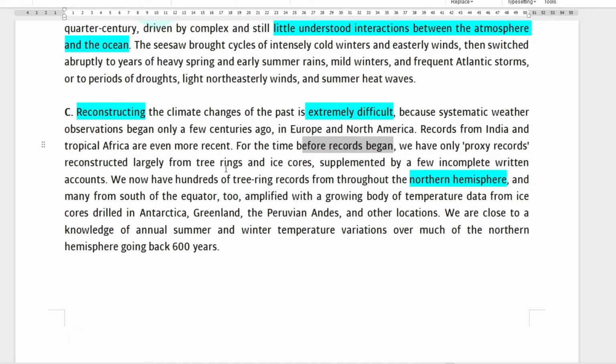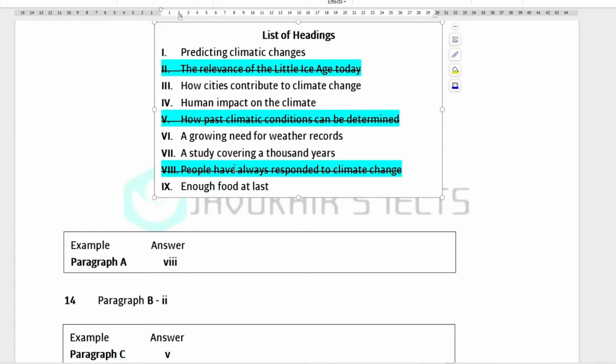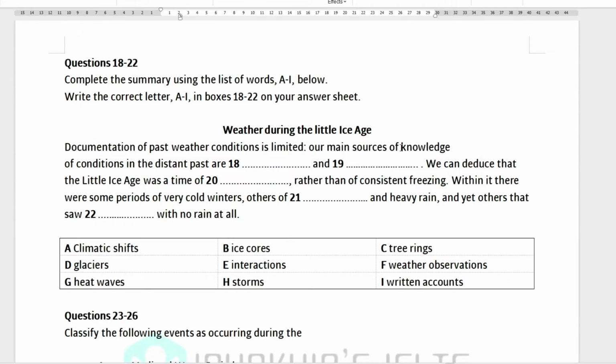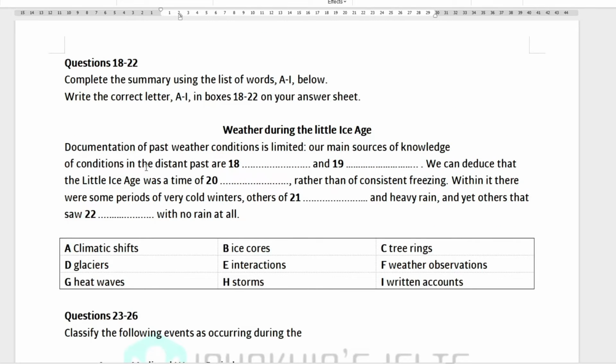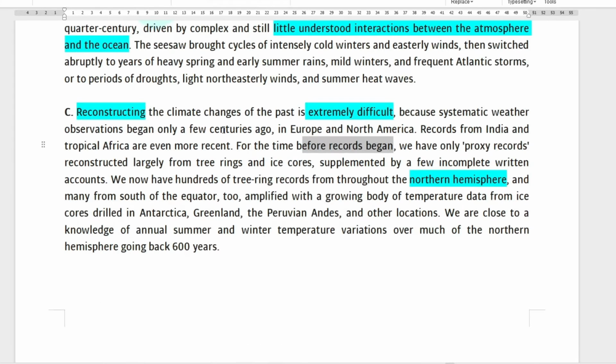Constructed largely from tree rings and ice cores, supplemented by a few. So we have something here. Conditions of distant past area. That's really interesting to find. So we need conditions in the distant past or something and something else. All right.